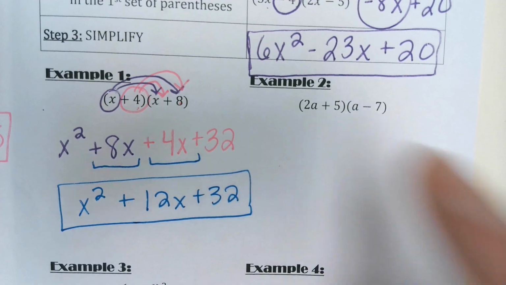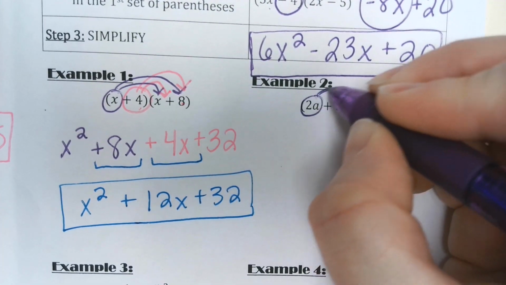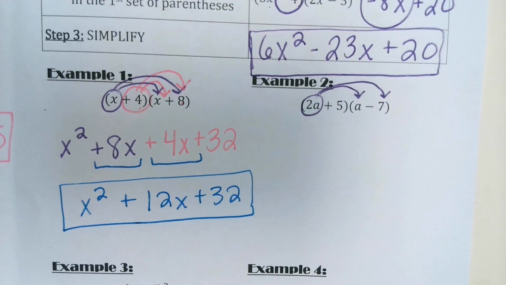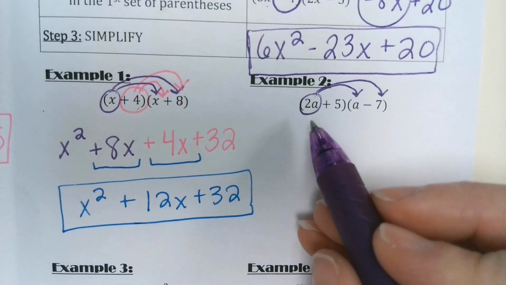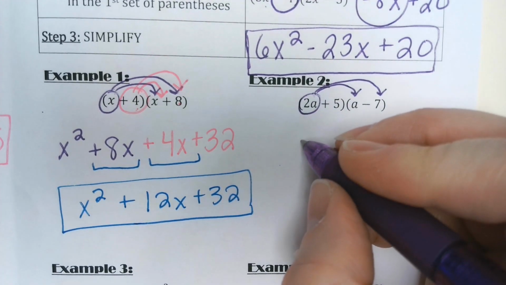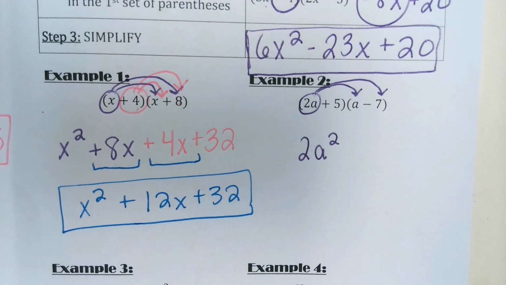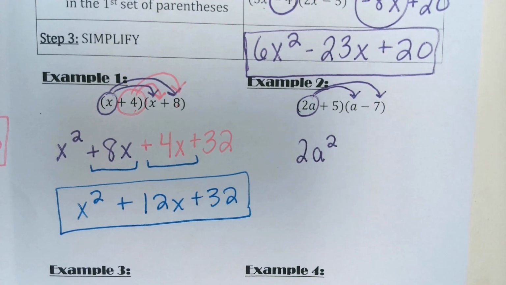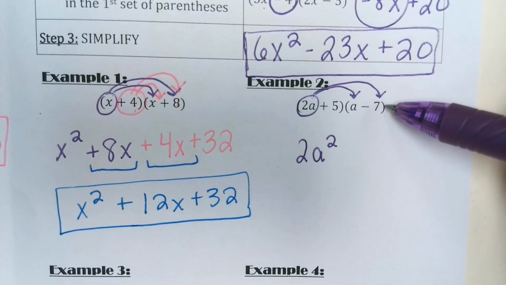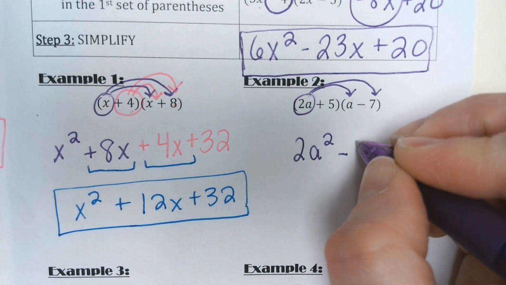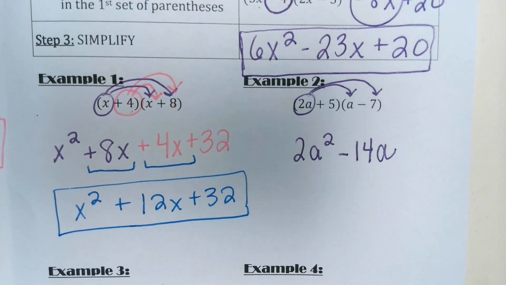Double distribute. So circle the first term, distribute it. 2a times a, 2a squared. 2a times a negative 7. 2 times 7 is 14, but it's negative.